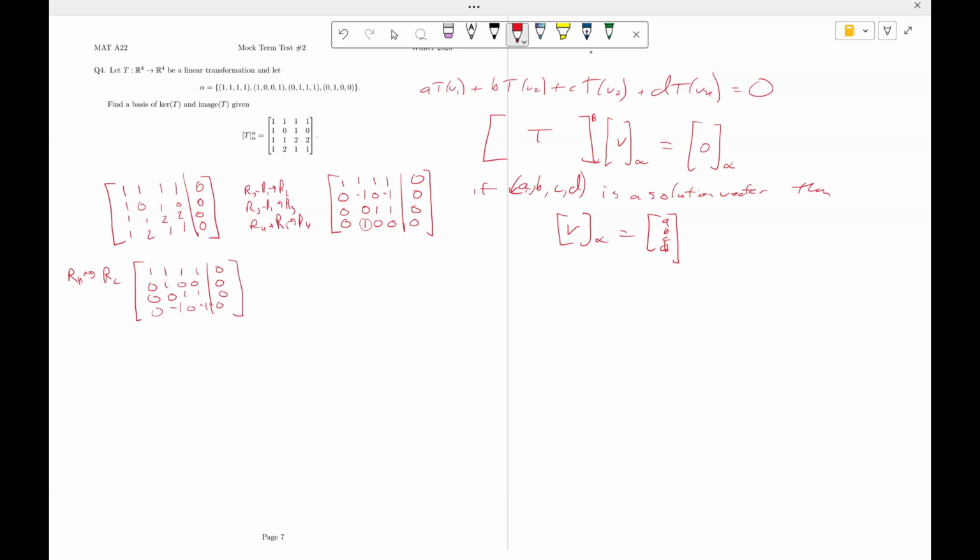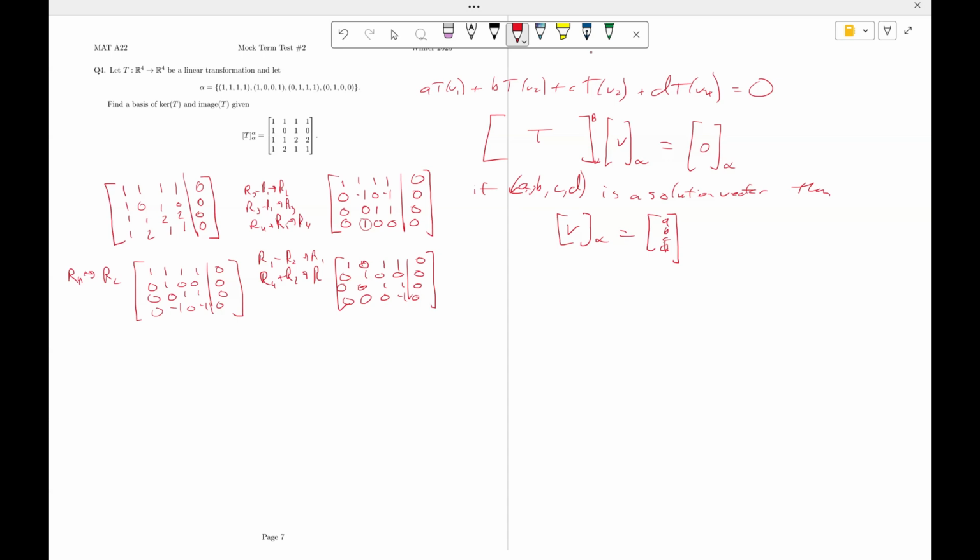Now I'm going to take R4, add R2 to replace R4. And I'm going to take R1 minus R2 to replace R1. So it's 1, 0, 1, 1, 0, 0, 1, 0, 0, 0, 0, 0, 1, 1, 0, 0, 0, 0, minus 1, 0.